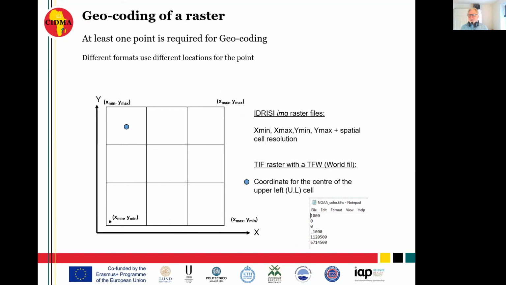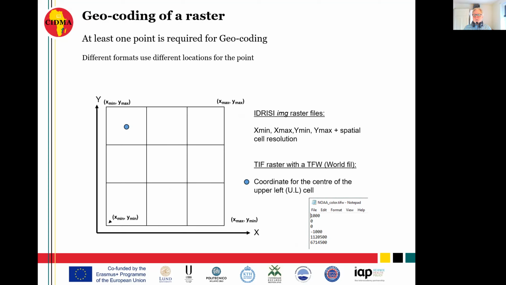Now, for a satellite image to be possible to work with in a GIS, it has to have a geocoding as well. We have to know where this raster data is positioned on the Earth. There are different ways to give that position.